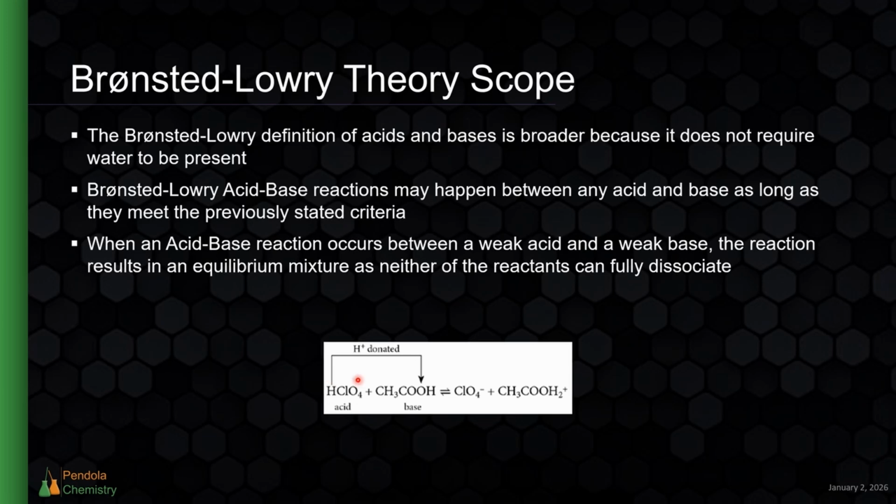perchloric acid, HClO4, can react with what we call ethanoic acid. I know it sounds rare because it's supposed to be an acid, but ethanoic acid can be amphoteric as well. So perchloric acid can react with ethanoic acid, where the perchloric acid loses the hydrogen and gives it to the ethanoic acid, giving ClO4 minus, and then the ethanoic acid becomes CH3COH2 plus.